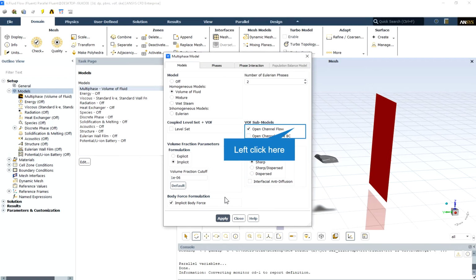ANSYS Fluent can model the effect of open channel flow, for example rivers, dams, and surface piercing structure in unbounded streams using the VOF formulation and the open channel boundary condition. These flows involve the existence of a free surface between the flowing fluid and fluid above it, generally the atmosphere.